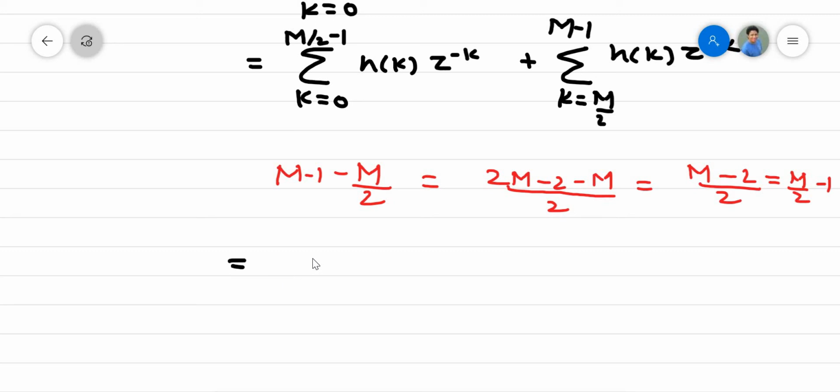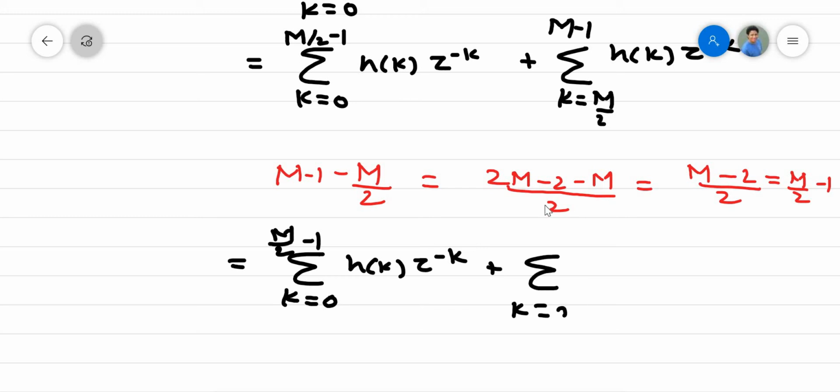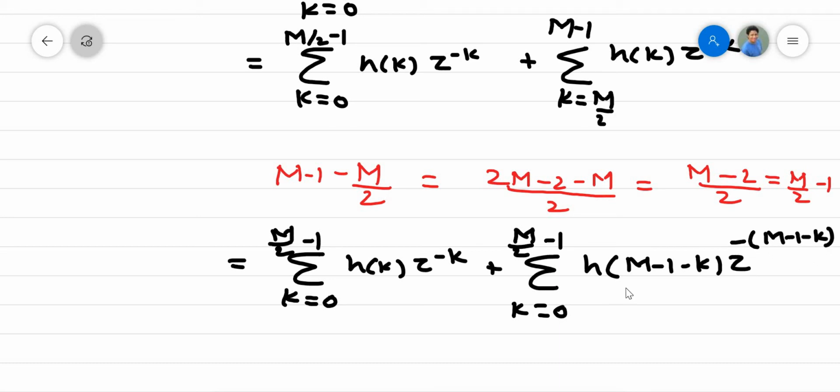As it is an even sequence, that's why these both terms come out to be same. So then we can represent this equation as summation k equals 0 to M by 2 minus 1 h(k) z to the power minus k plus summation k equals 0 to M by 2 minus 1 h(M minus 1 minus k) into z to the power minus (M minus 1 minus k).